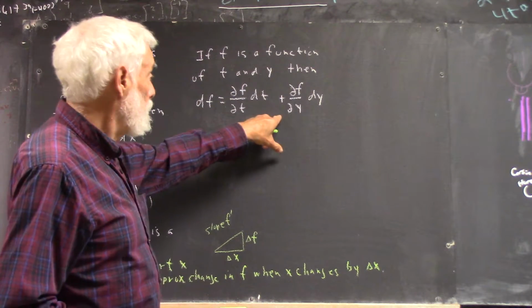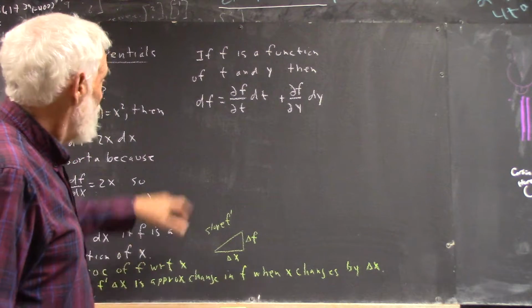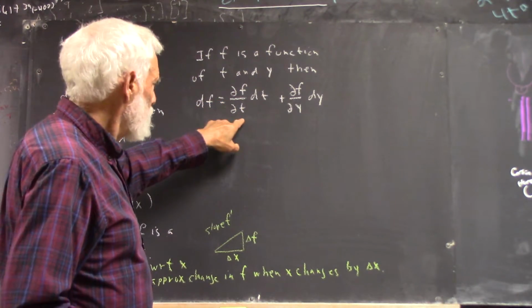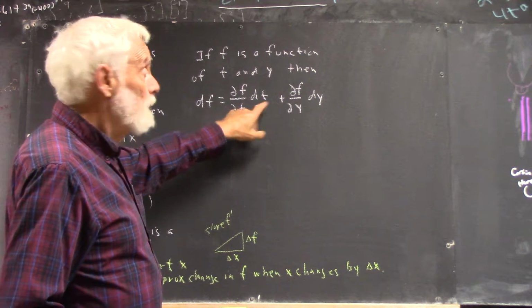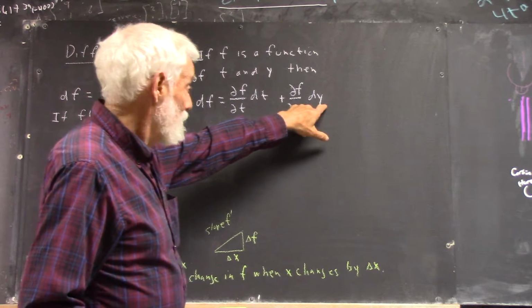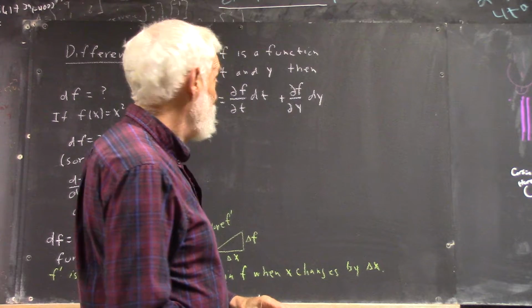Okay, so anyhow, now we've got this. If you understand this statement, this is just the rate at which the function changes for a change in t, and you multiply that by the change in t, but y also causes it to change, and you multiply that by the change in y. Okay?